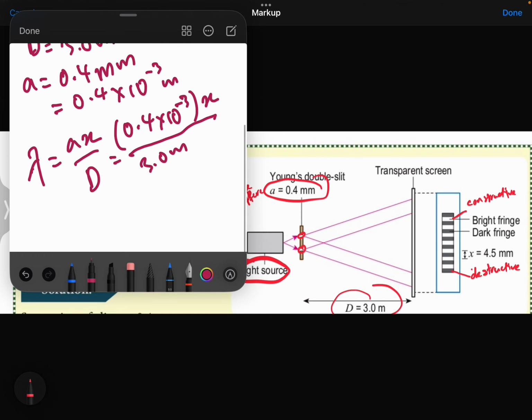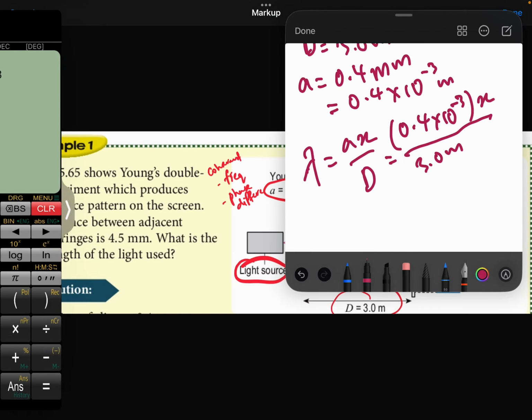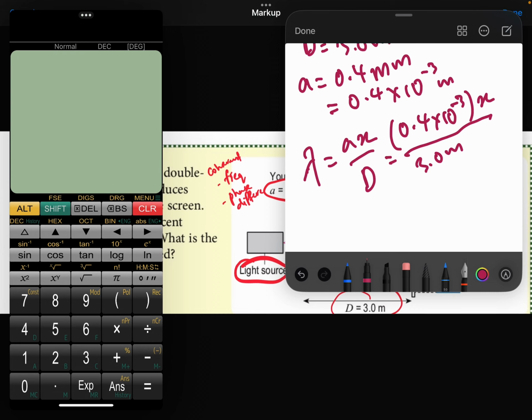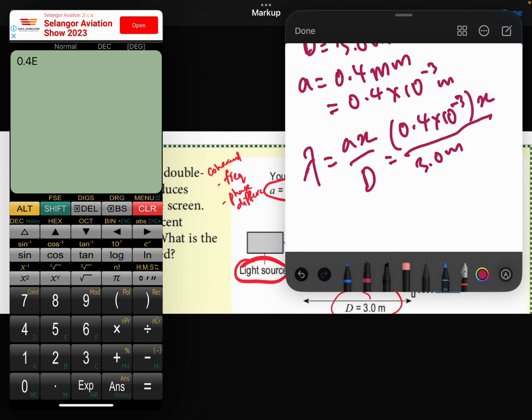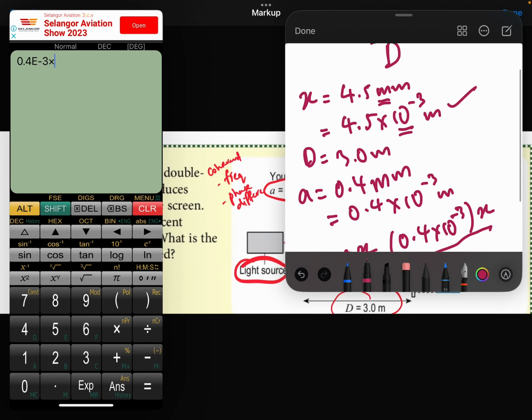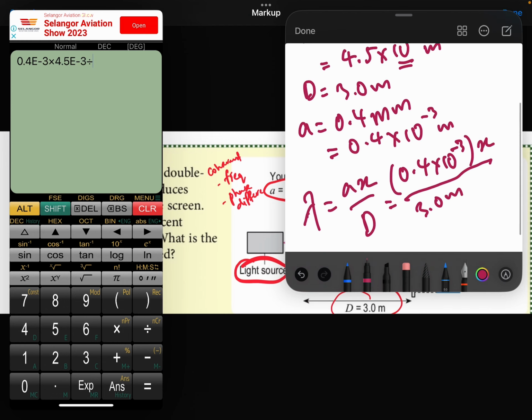And then you can solve the problem. 0.4 exponent negative 3 times x. x is 4.5 exponent negative 3 divided by 3.